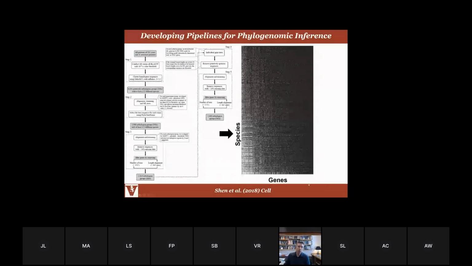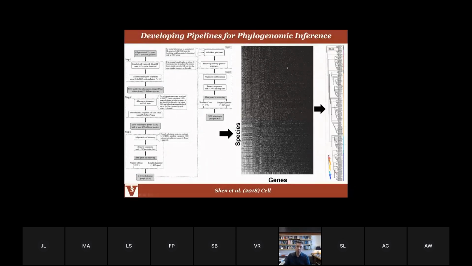Whenever you see a particular cell black, or a darker shade, that indicates that these genes in our data matrix are really well sampled and found in all species. And these genes on the other end are found in fewer species, but they're still quite prevalent. We had a filter: for every gene, we needed to have it in at least 50% of the genomes in our data set in order to retain it.